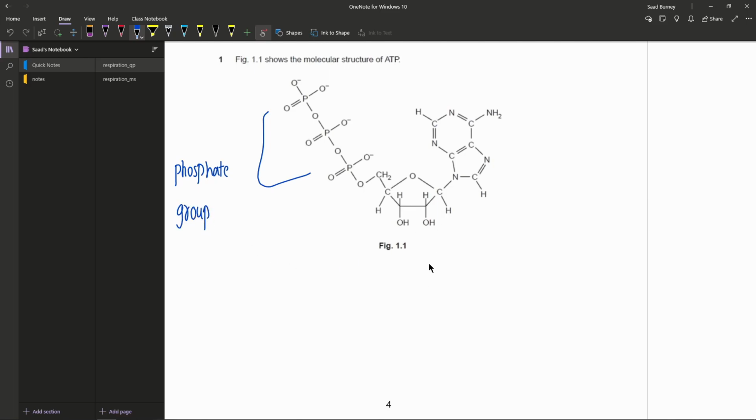Okay. And this is the pentose sugar, which is ribose in this case. And this is the nucleotide base, adenine.